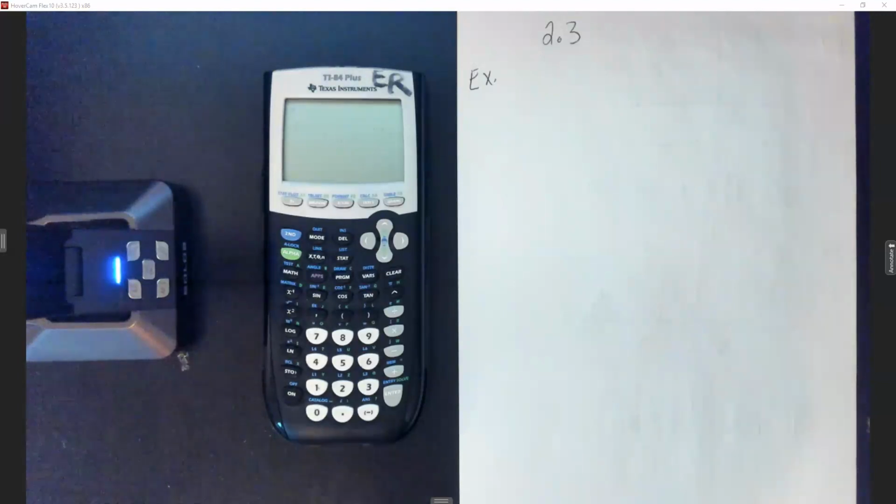That's domain and range. All right, so you should be seeing a clear screen.